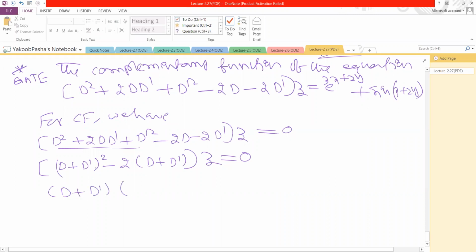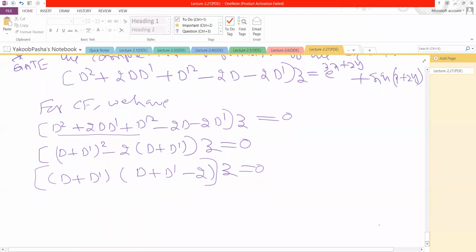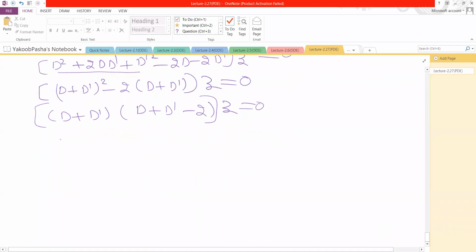While taking D plus D' as common, remaining (D plus D' minus 2) of z. Okay, this is for z, for both D plus D' and D plus D' minus 2. Okay, ఫార్ములా ప్రకారం చేశారనుకోండి నో ప్రాబ్లం, లేదంటే ఈ లాజిక్ యూజ్ నేను మాత్రం ఈ లాజిక్ తీసుకుంటున్నా. ఫస్ట్ 1 by 1 తీసుకోవాలండి.